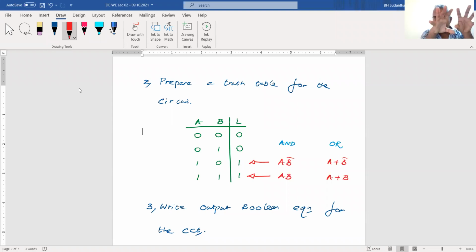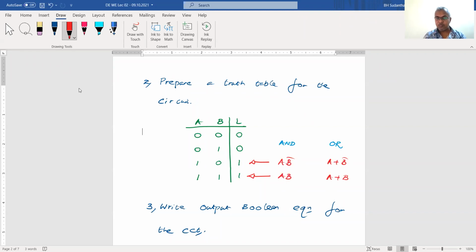Okay. What is the meaning of AND operation? What is the meaning of OR operation? Why do we use AND? When we want to check that both conditions are true at the same time, then you have to use AND.